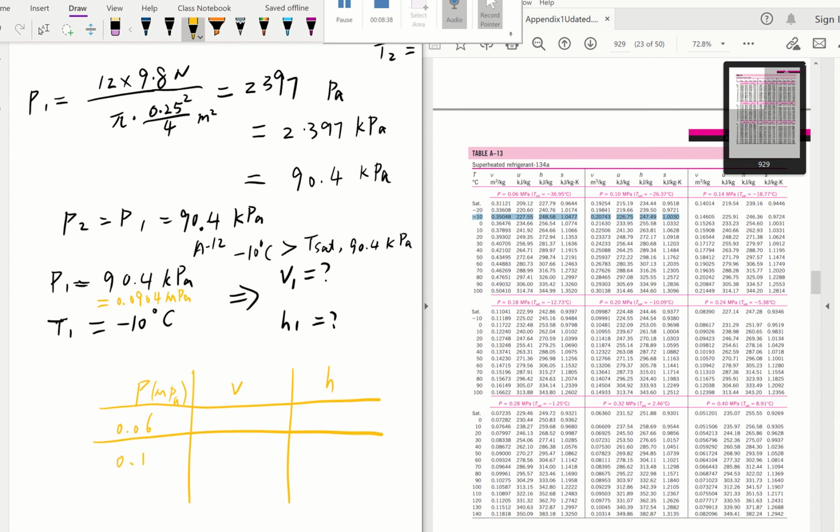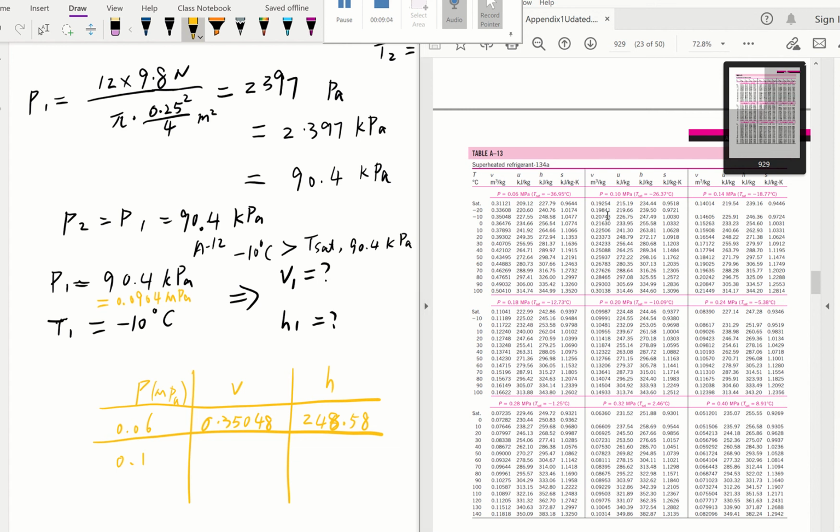For our 0.06 megapascal, what's our V value? It's right here: 0.35048. And what's our H value there? 248.58.